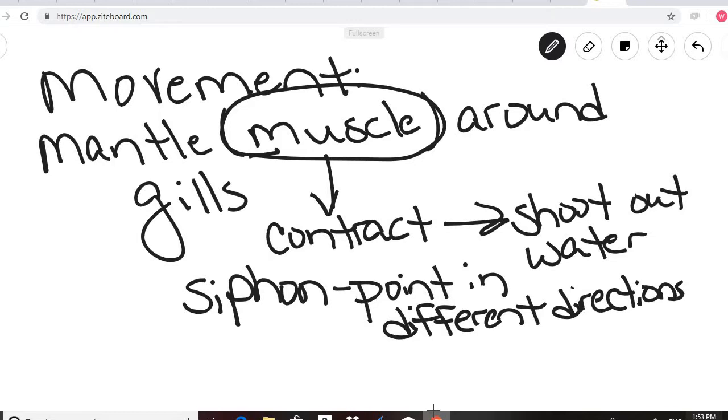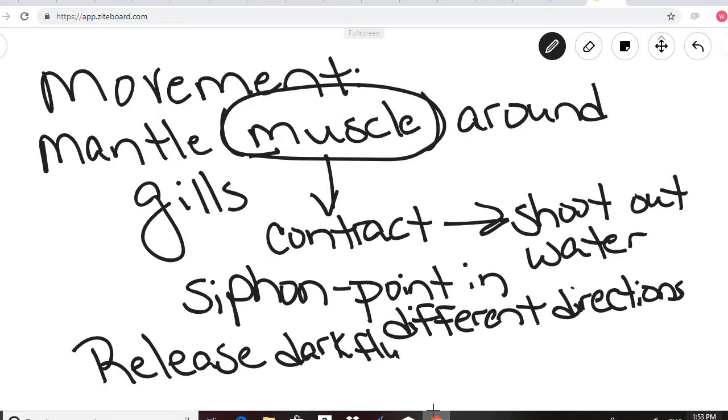Also, through that siphon, they are also able to release a dark fluid that we call ink, but that dark fluid can confuse enemies.